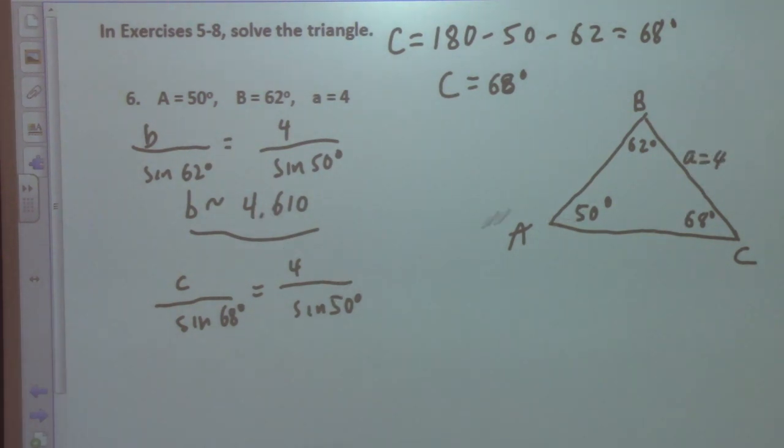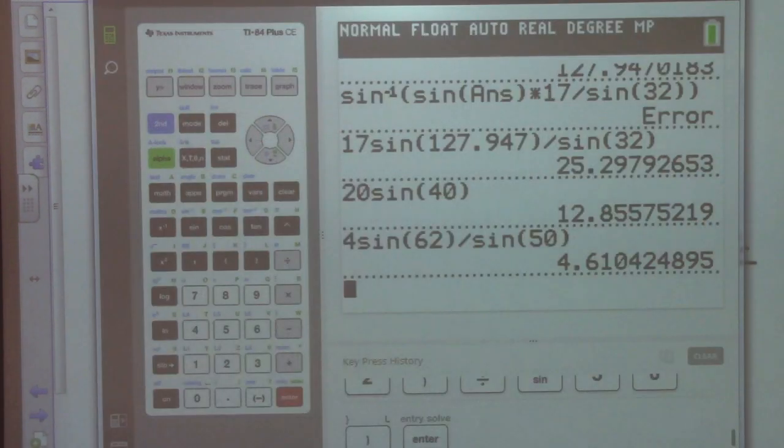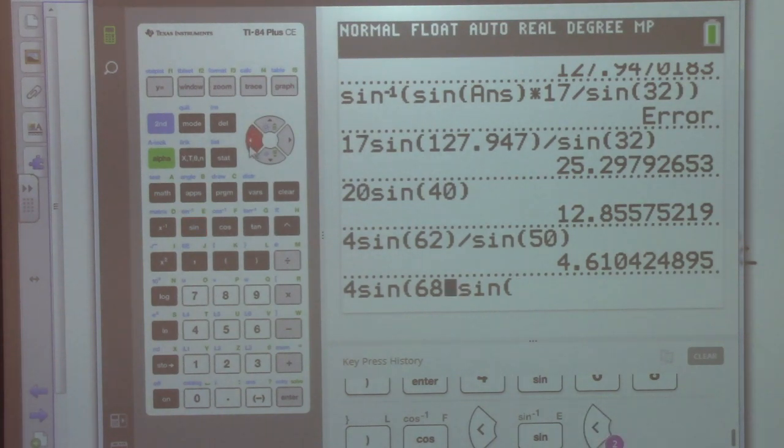Right. And this next one here is still going to even be bigger than that, because you have 4 sine 68 over sine, divided by. Okay, we'll have to insert that.